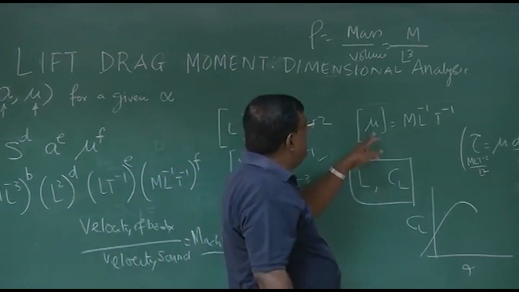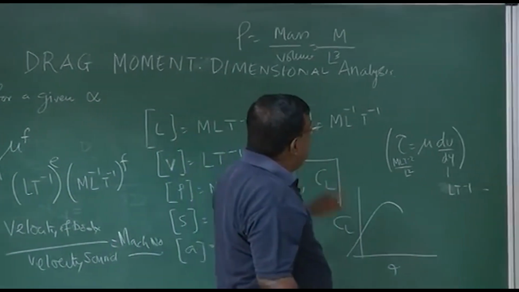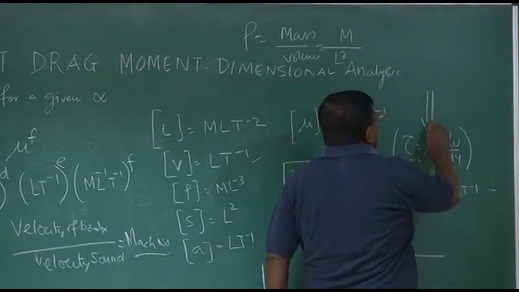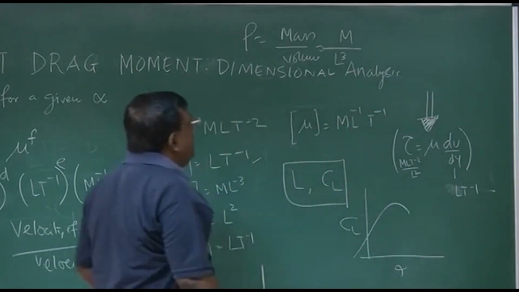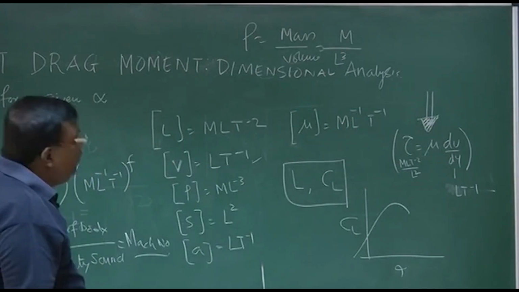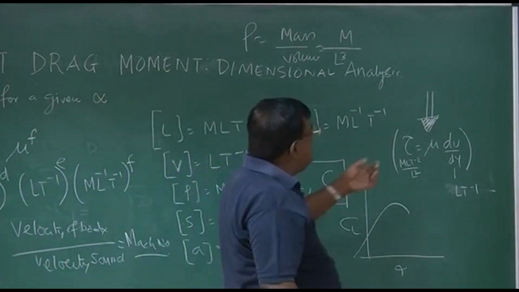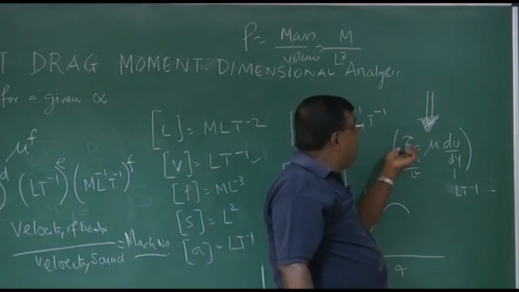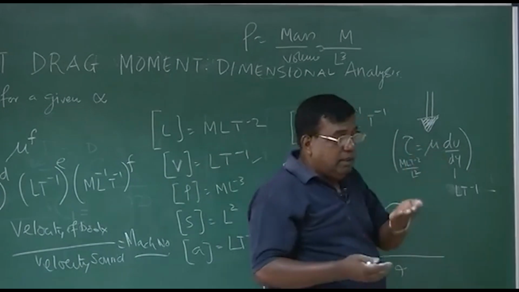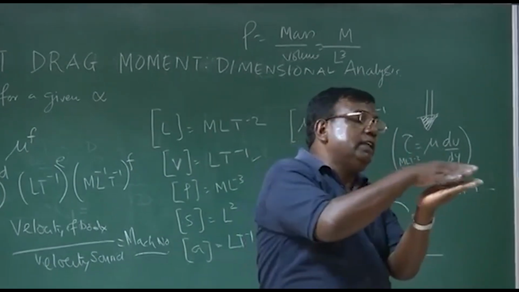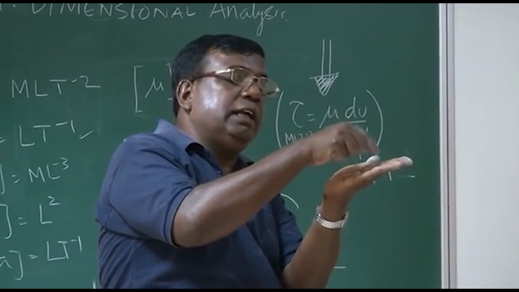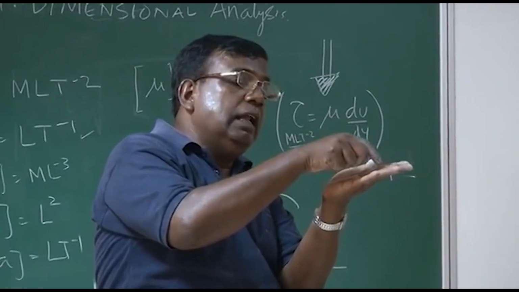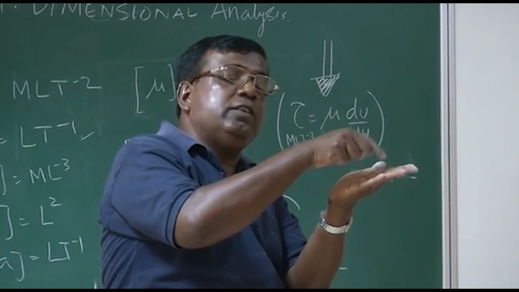Now come to the coefficient of viscosity. I'm sure you might have seen this expression: in a fluid, the shear stress which is developed because of viscosity. If the fluid is flowing like this, then on the surface the fluid particle will get stuck, and as you go upward and upward, the effect will be neutralized.